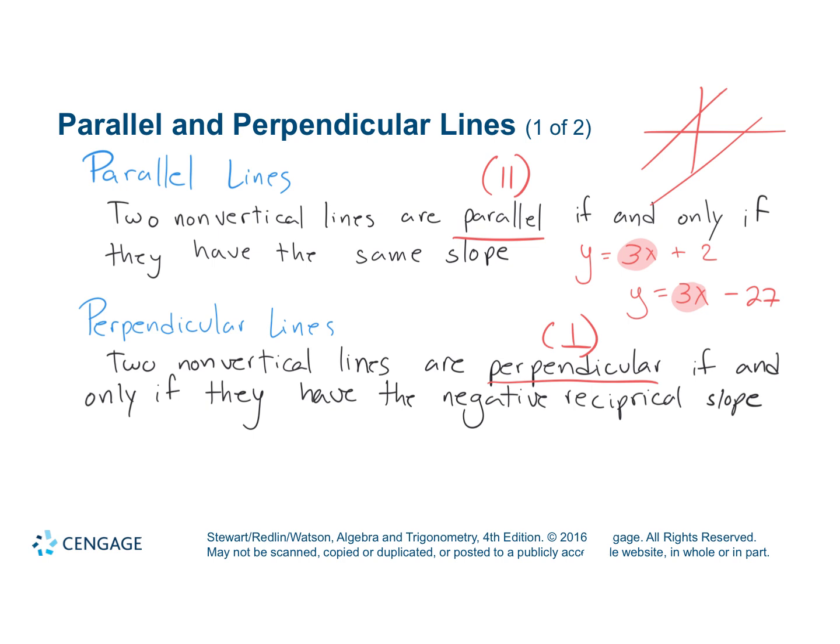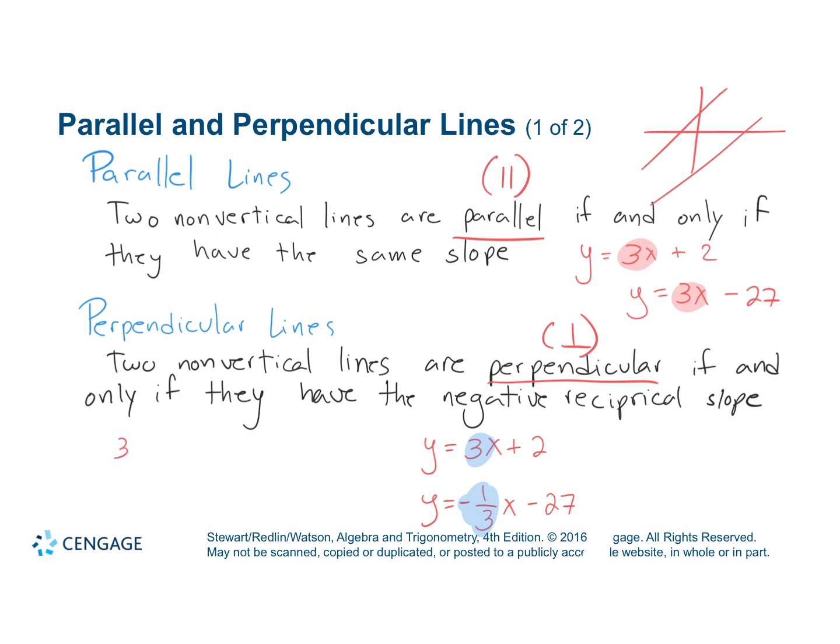And now for the perpendicular lines, again, it's an upside down capital T for the symbol. What is the negative reciprocal? I'm going to use the same equation, but I'm going to change one of the slopes into its negative reciprocal. Here we have a positive 3, and now we have a negative 1/3. The reciprocal means that you flip it.